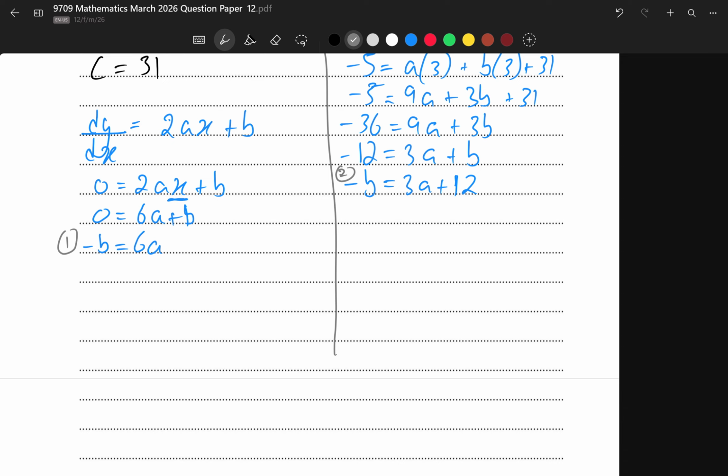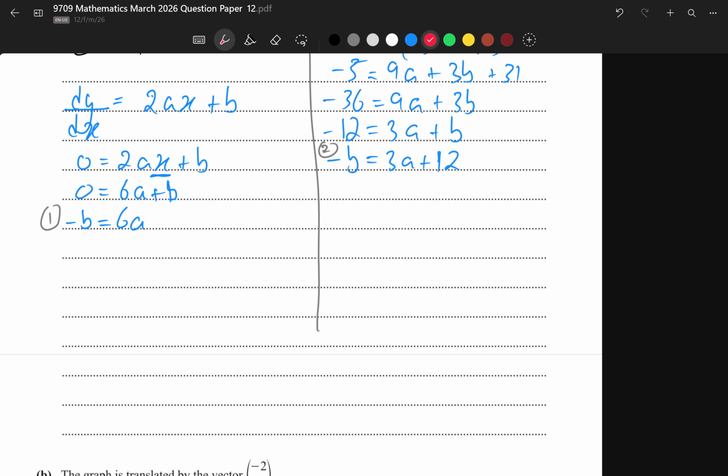Now if we equate the first and second equations, because both of them are equal to minus b, so minus b is equal to minus b, so 6a is equal to 3a plus 12. Now if we shift this 3a, we'll get 3a is equal to 12 and a is equal to 4.